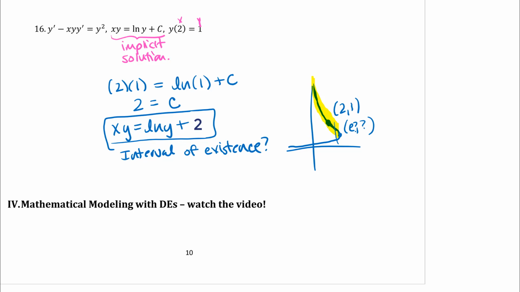So when I think about the interval of existence from looking at that graph, it appears that x is between 0 and e, not including x equals 0, and not including x equals e, on that branch of the solution curve. So from the graph, it appears that the interval of existence is approximately 0 to e.